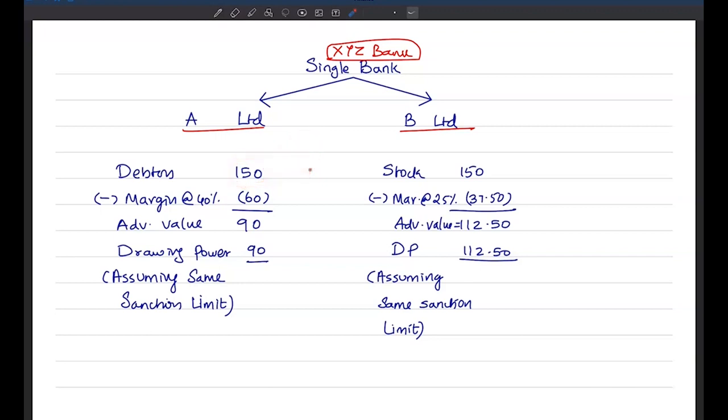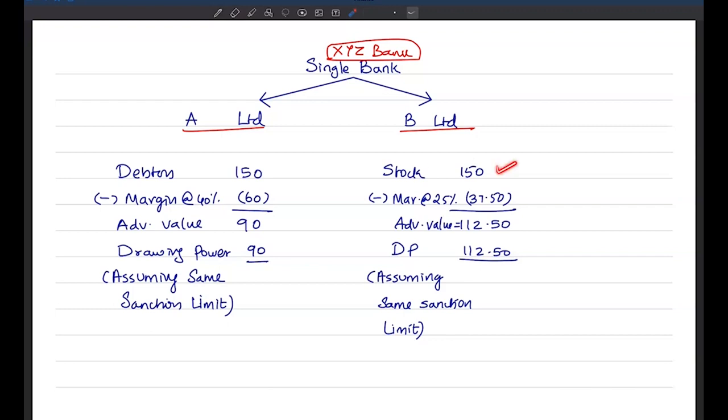And another risk for this bank is that the same bank has this related party also as a borrower. And what will that B Limited, that is the related party, do? They will show a stock of 150 as if they have purchased from A Limited. It may be a real purchase with inflated value, or it can be a dubious purchase also, right?